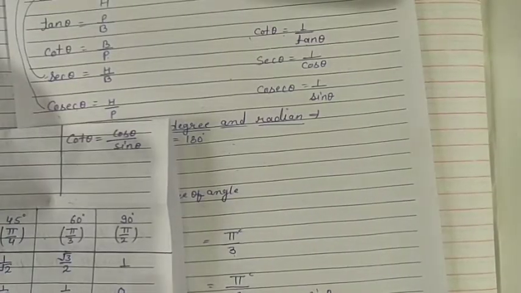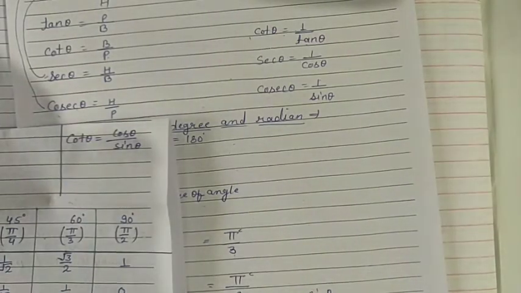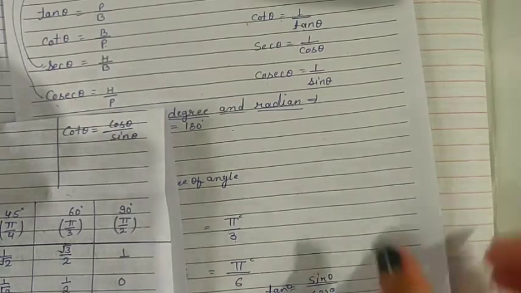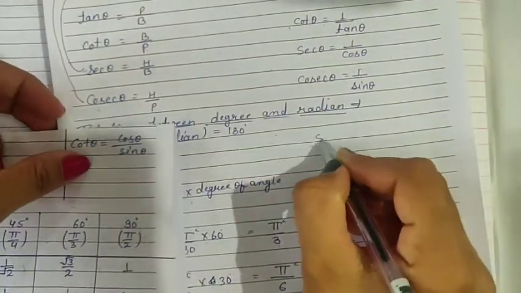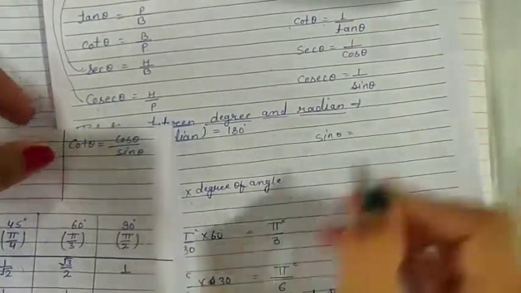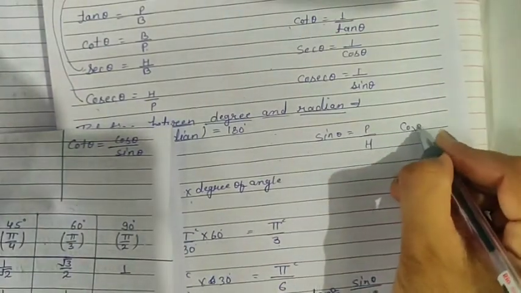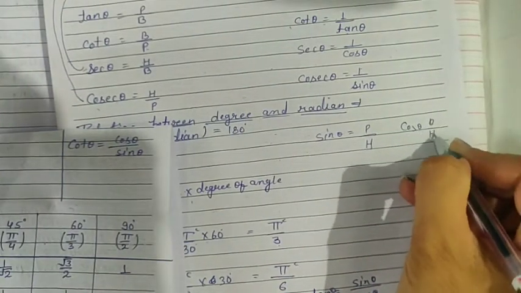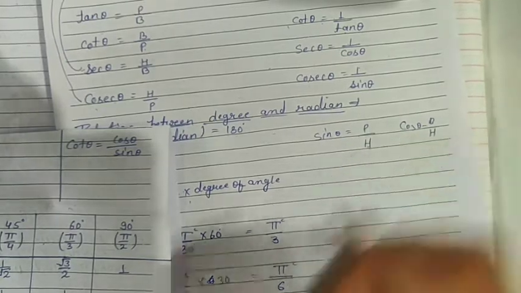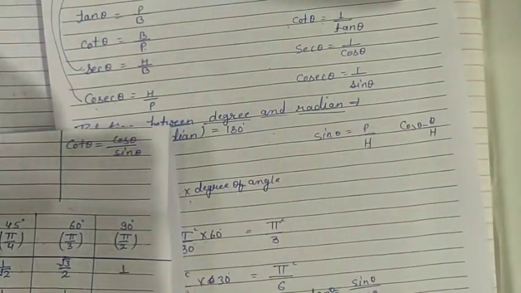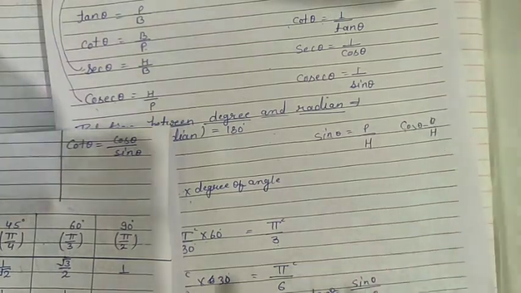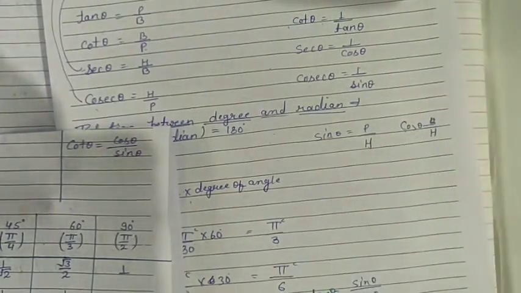And now your question is how tan theta is equals to sin theta upon cos theta. Students, remember one thing: sin theta is equals to perpendicular upon hypotenuse, and cos theta is equals to base upon hypotenuse.